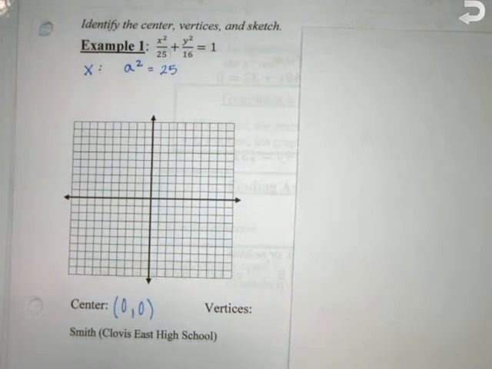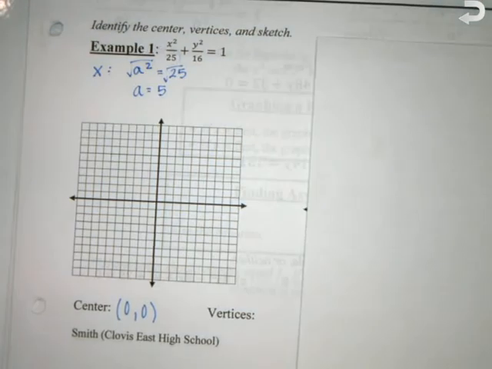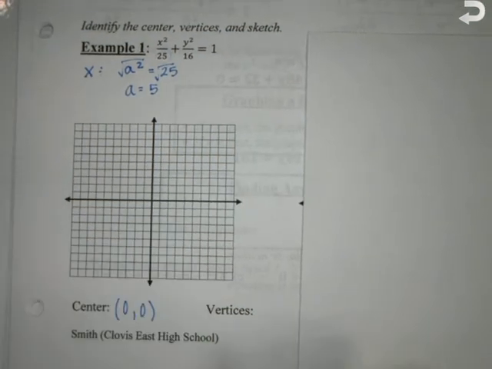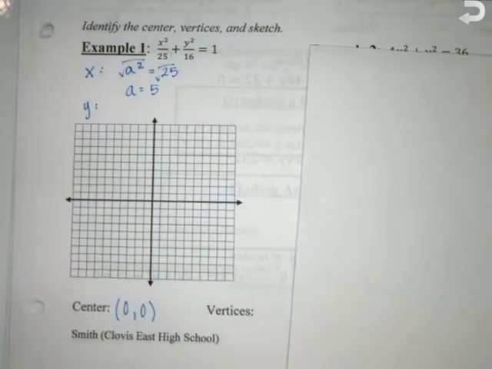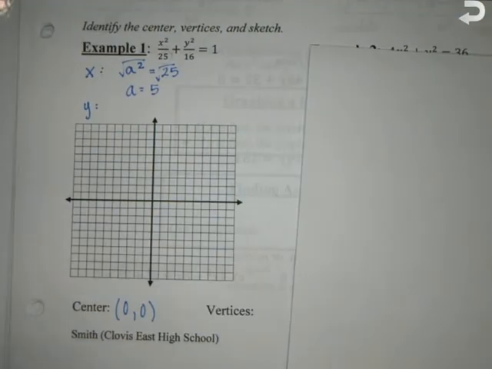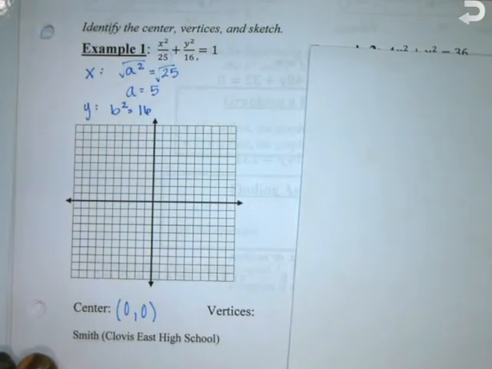Square root. So a is equal to 5. To find the y's of the vertices, we take our b squared. So b squared is equal to 16. So we take the square root of both sides, and b equals 4.